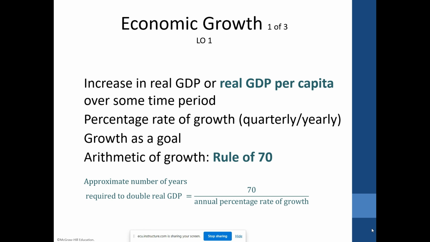If the growth rate is 3.5%, then 70 divided by 3.5, it takes 20 years for the GDP to double. If the growth rate is 2%, then 70 divided by 2, it takes 35 years for the GDP to double.